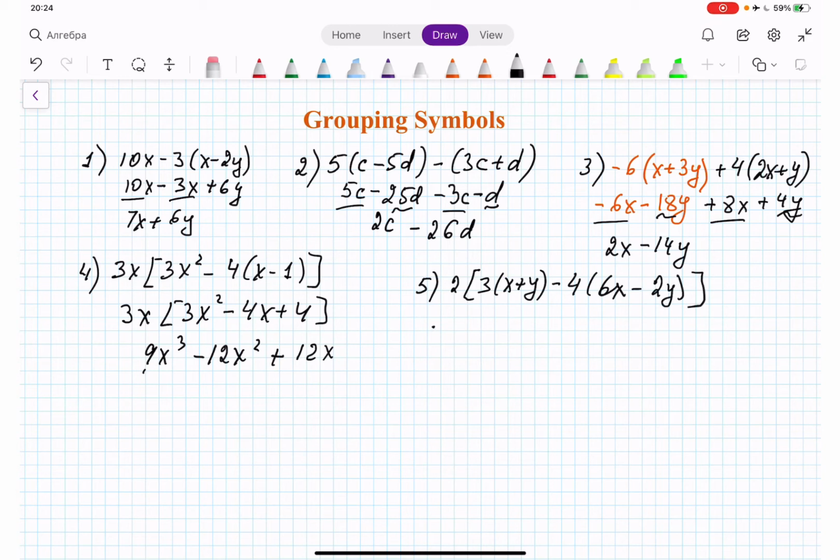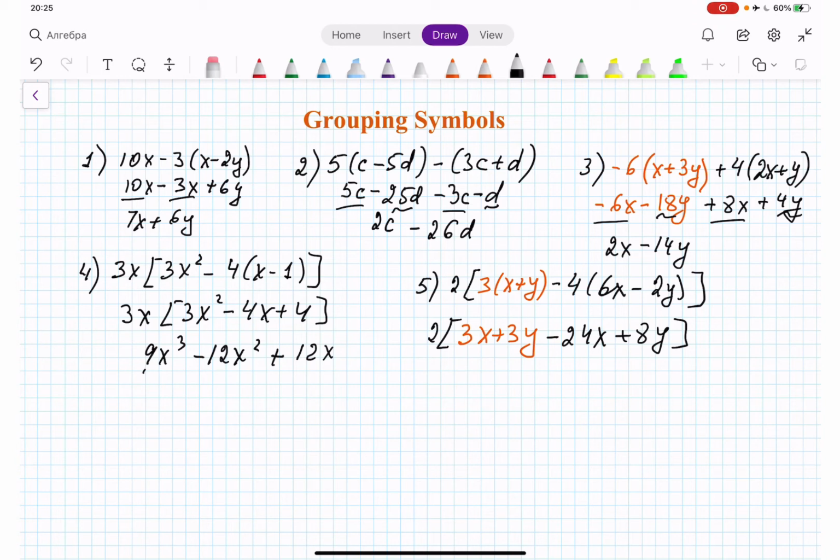Okay, twice, I will have 3x plus 3y, and then minus 24x plus 8y.